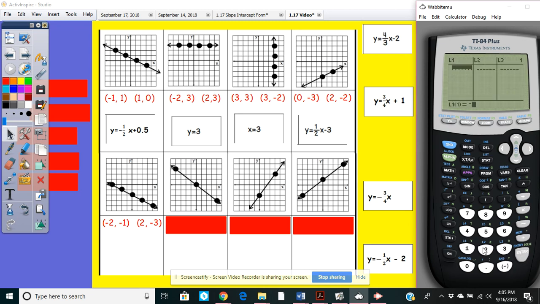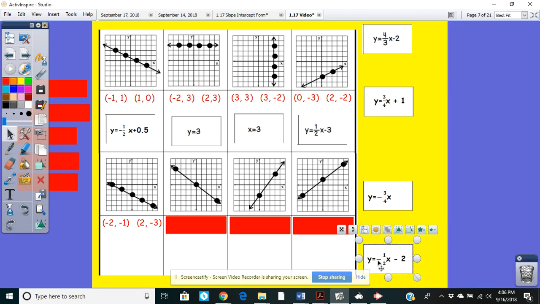X's are in the first one, so -2 and 2, and then -1 and -3. Again, your calculator will find slope and y-intercept for you. This time I've got a slope of -0.5, so that's -1/2, and then my y-intercept is -2. So here's -1/2 as my slope, and then -2 as my y-intercept.